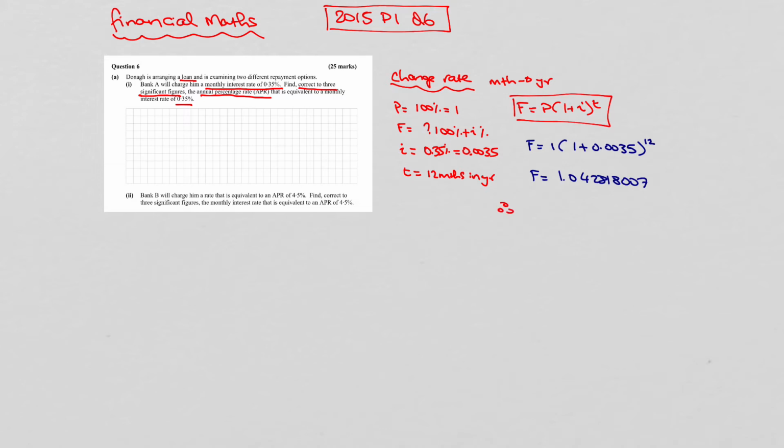So therefore, if I take away the 100%, in other words I take away 1, that leaves me with I is equal to 0.042818007. In other words, our APR is equal to 4.28%, because we have to get that correct to three significant figures.